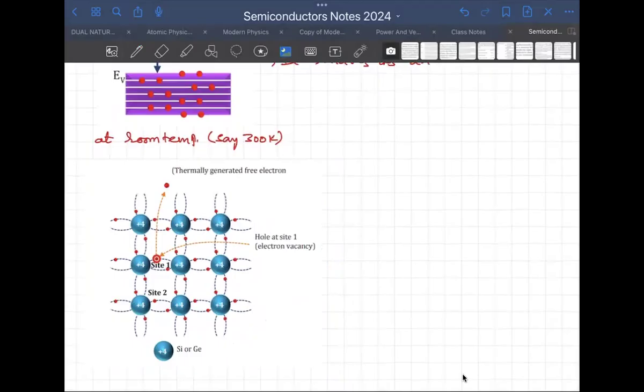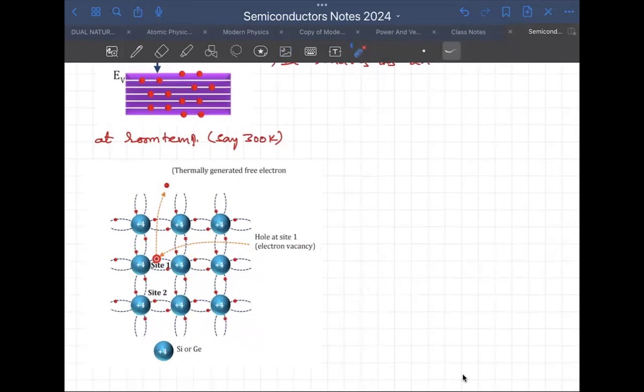For example, you can see on this site, it is already in a bond. So this electron now sets free. Remember, just because of this process, it creates a hole here. A hole always represents an electron vacancy. And this is a thermally generated free electron.